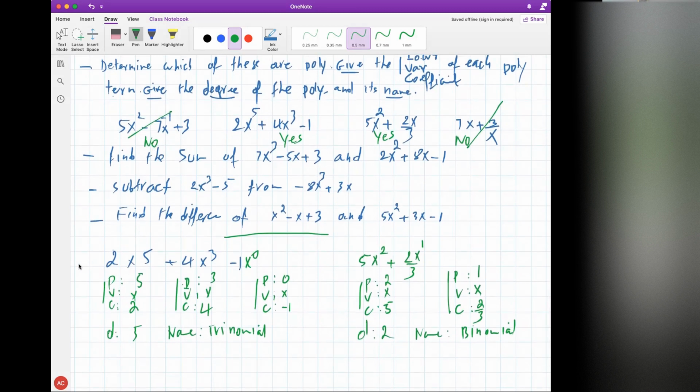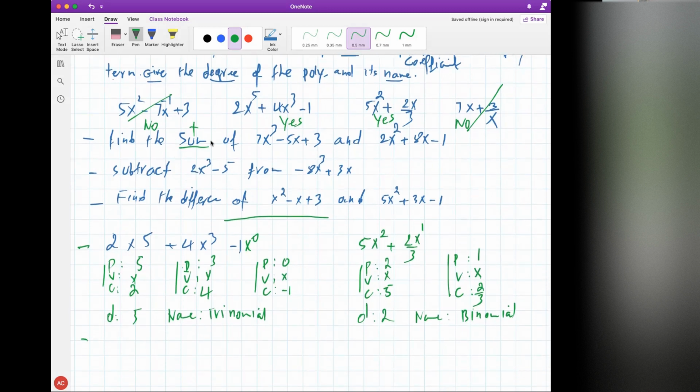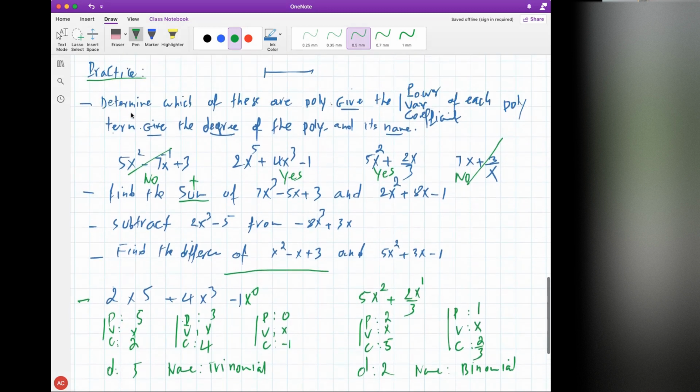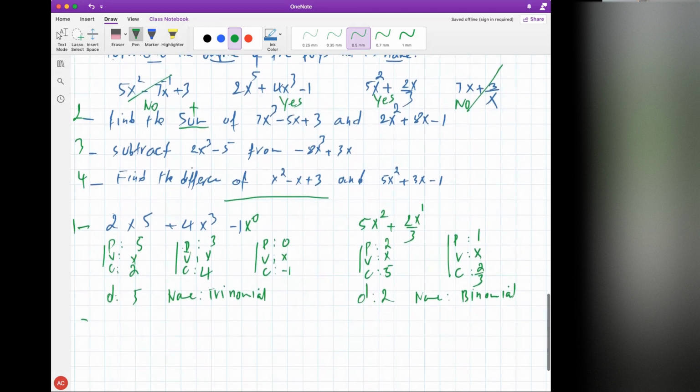So we have an addition here. Find the sum. Sum is pretty simple. You can add your terms right away. Do we have a like term to this one? So this is 1, 2, 3, 4. This is 1, 2. Is there a like term next to the third?